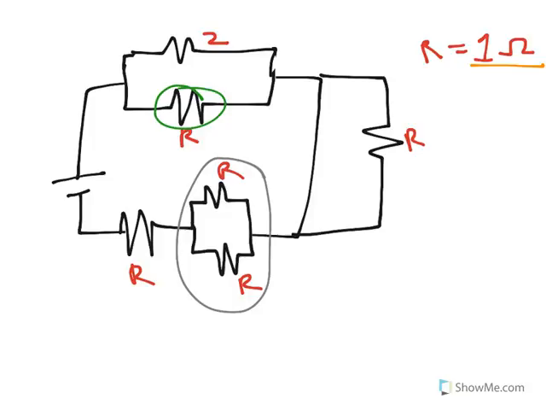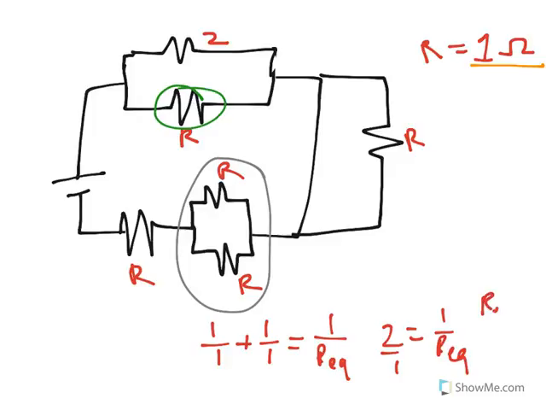Now let's look at this one that I've circled in gray. Since those two are in parallel, we're going to do 1 over R plus 1 over R equals 1 over R equivalent. So we're going to say 1 over 1, this should be pretty easy, plus 1 over 1 equals 1 over R equivalent. And that means that 2, or 2 over 1, equals 1 over R equivalent.